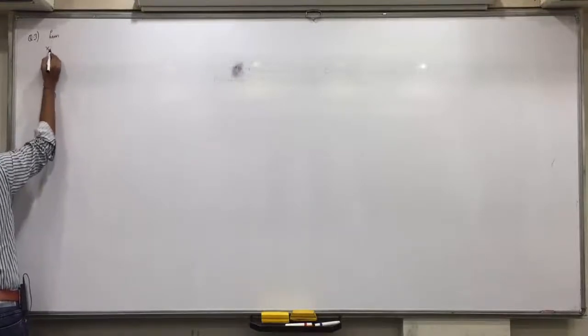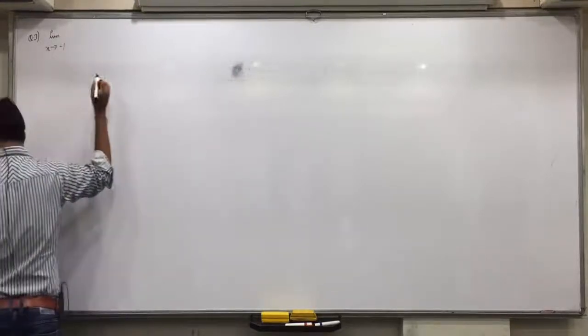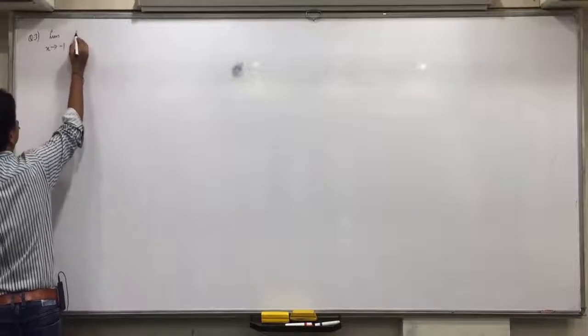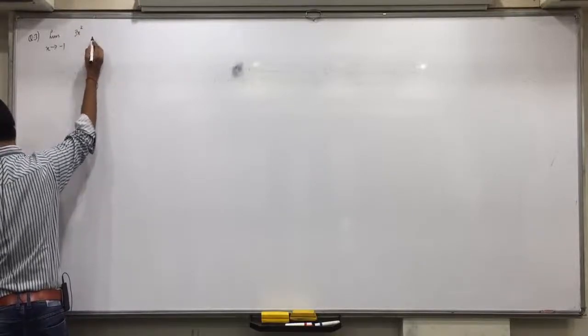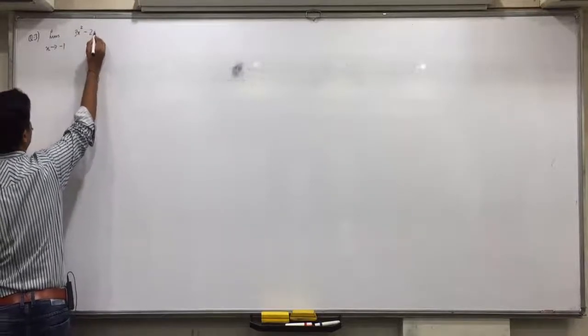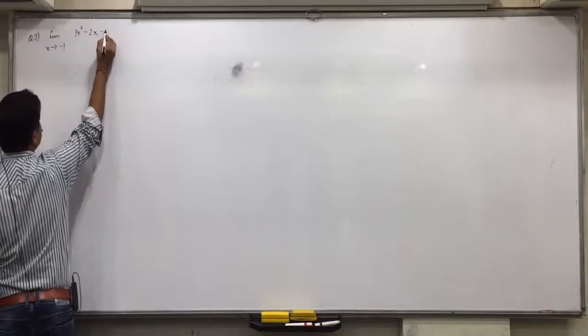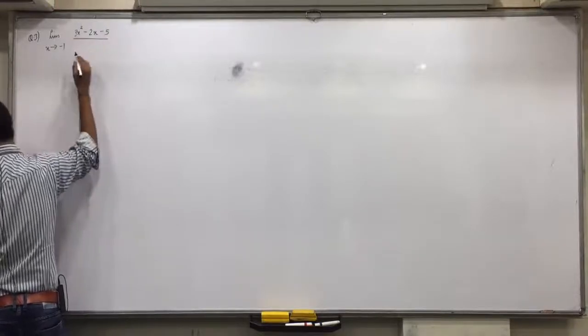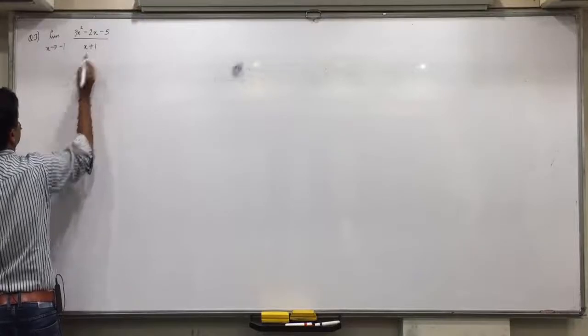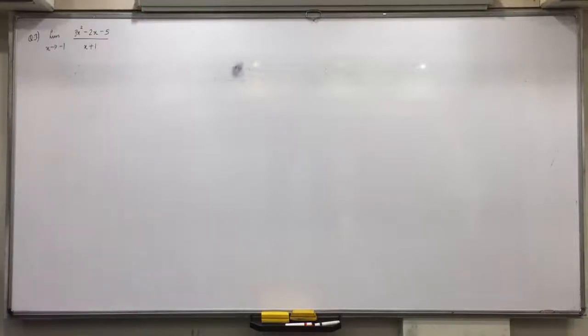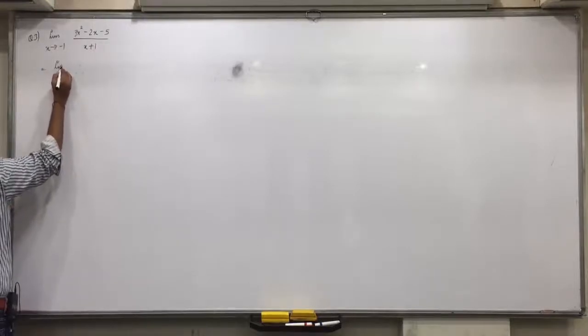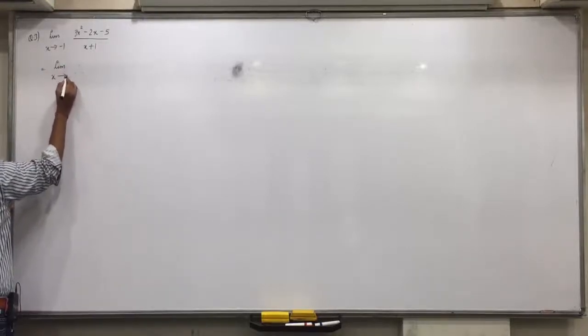Limit x tends to minus 1, (3x square minus 2x minus 5) divided by (x plus 1). Now, limit x tends to minus 1.